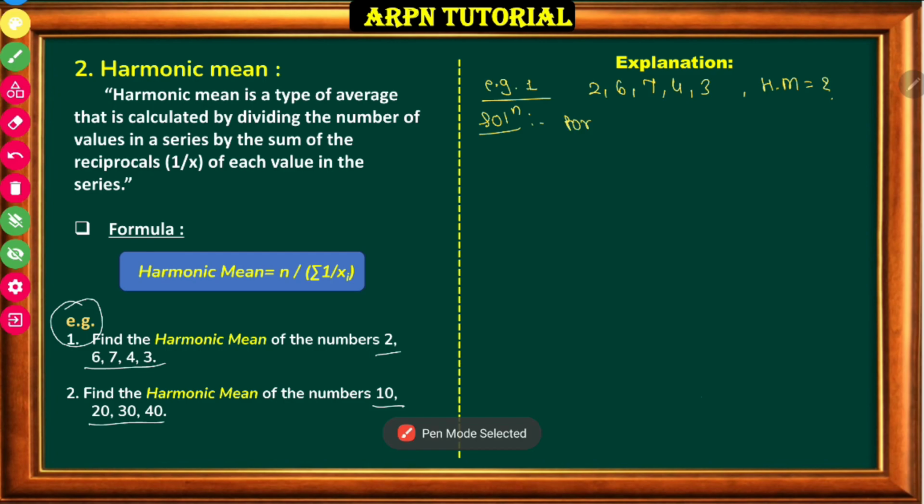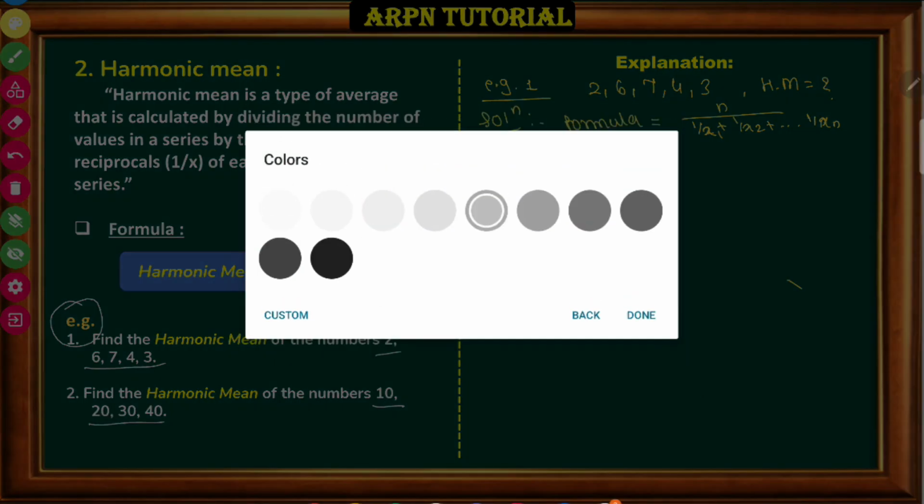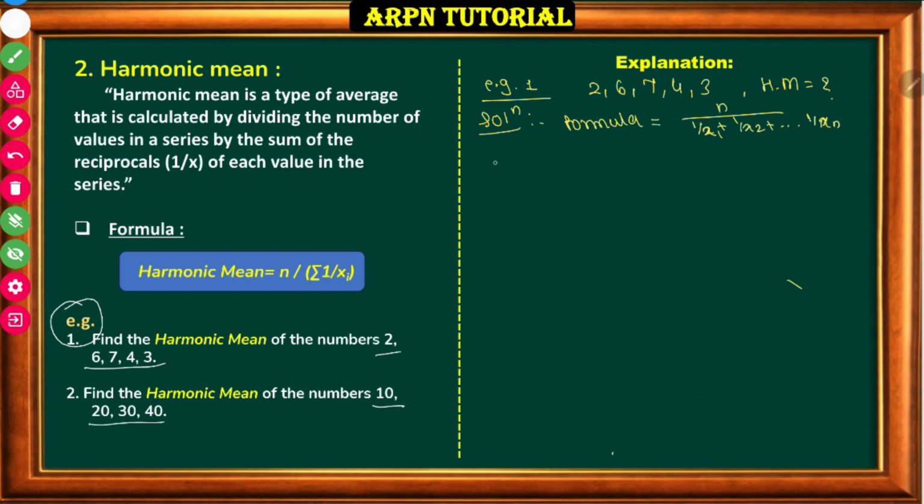The formula is HM is equal to n upon (1 upon x1 + 1 upon x2 + ... + 1 upon xn). Now let's see the calculation part. HM is equal to, if you can see how many numbers we have in the set, n is equal to 5.